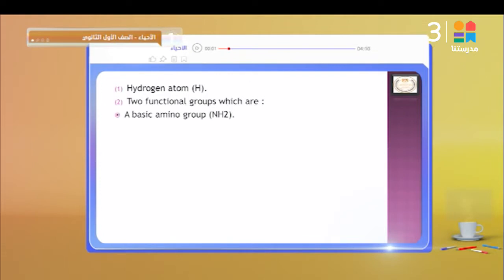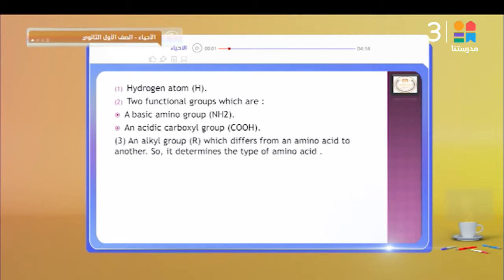Atom H of hydrogen, two functional groups that represent the carboxyl, COOH, and the amino group NH2, and an alkyl group R, which differs from one amino acid to another to determine the type of the amino acid.